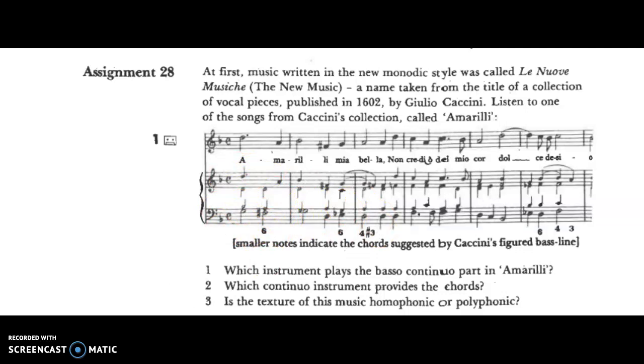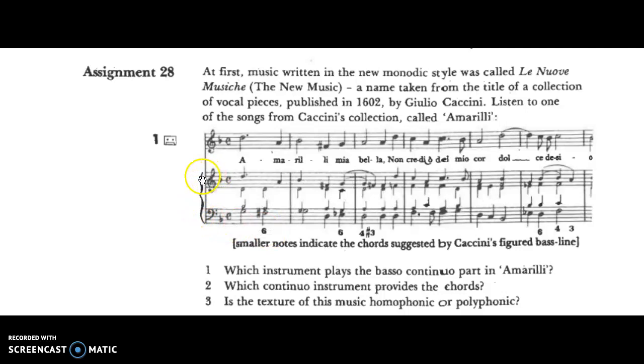So everything is there. The figured bass we discussed. So if it's a 6, it's the bass note, and we have a 6 above, but we discussed that last week. So go through it again if you can't remember the basso continuo or the figured bass.